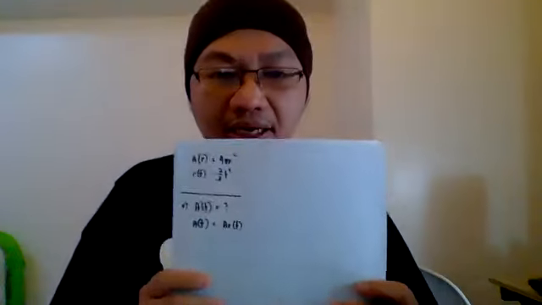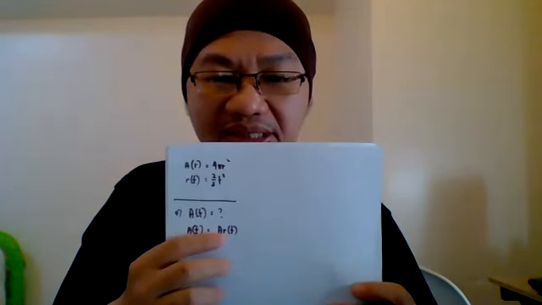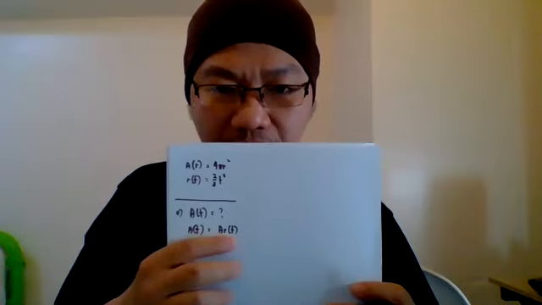Okay, so A(t) equals to A(r(t)), composite between A and r. So r(t) here we know that 2 over 3 t cubed.